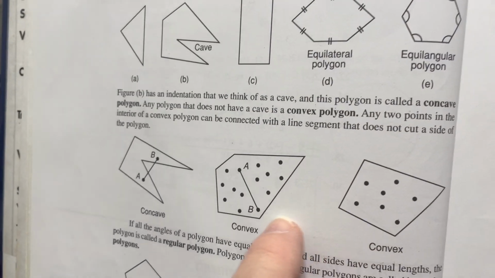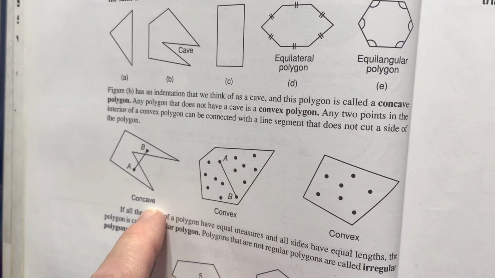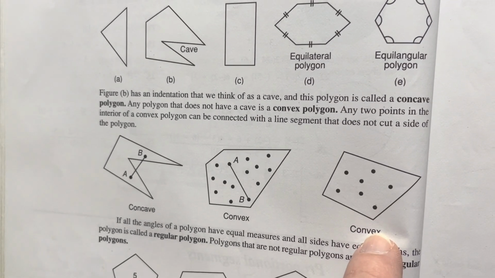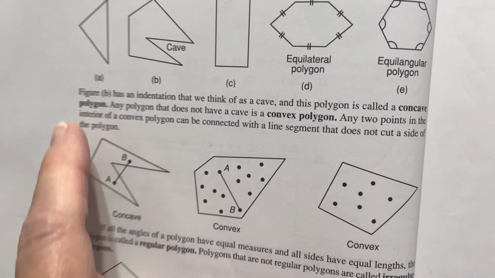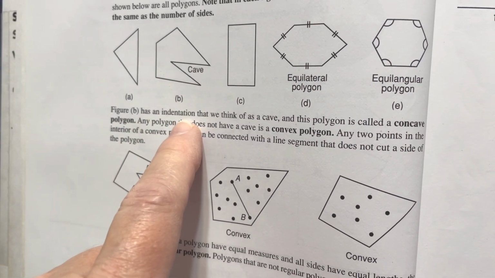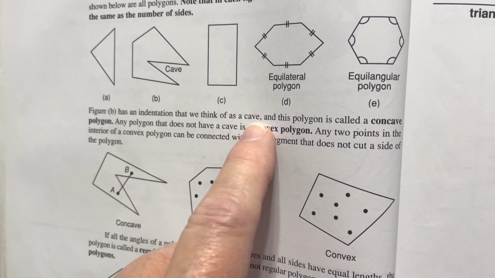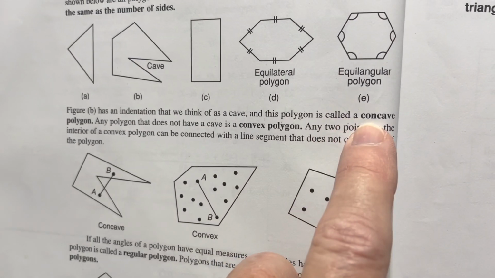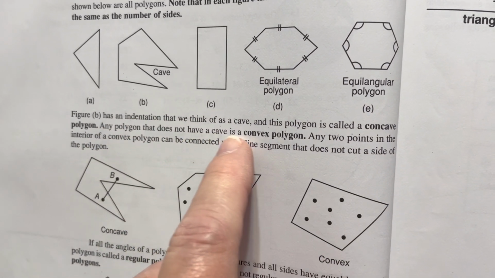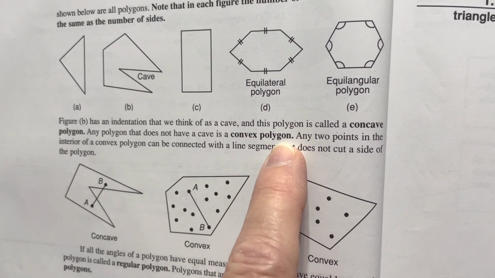All right, so down here, we have a concave polygon and a convex polygon. So it says in figure B here, it has an indentation that we can think of as a cave. This polygon is called concave. Okay, any polygon that does not have a cave is a convex polygon.